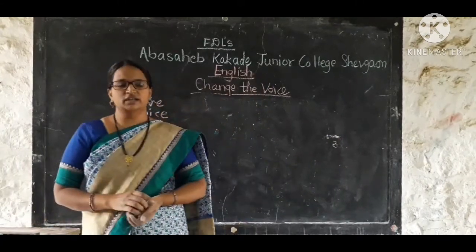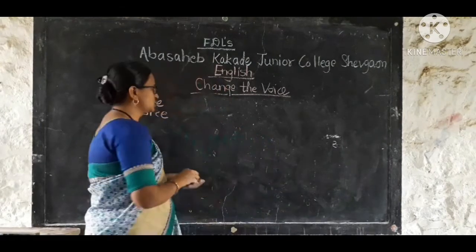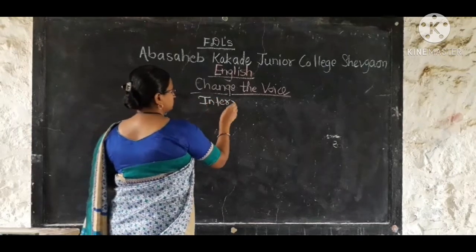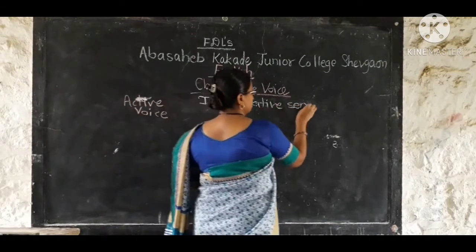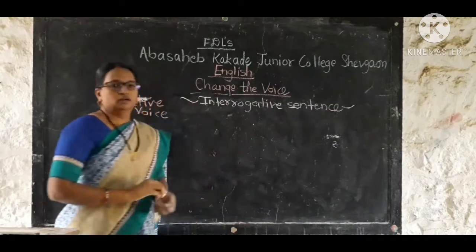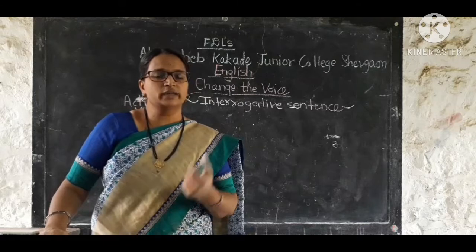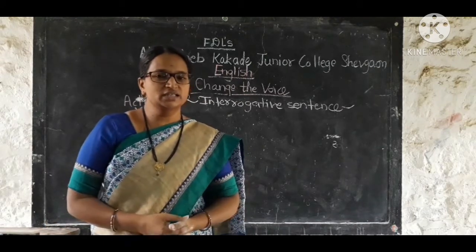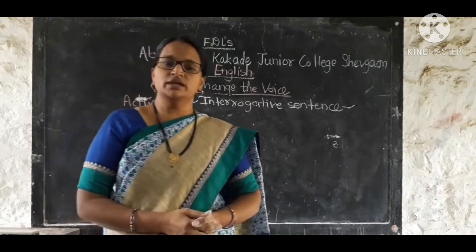Now we have to study how to change the voice of interrogative sentence. Now, what is meant by interrogative sentence? Again, first of all, we have to understand meaning of interrogative sentence. It is very easy. Interrogative sentence means a sentence in which question is asked.